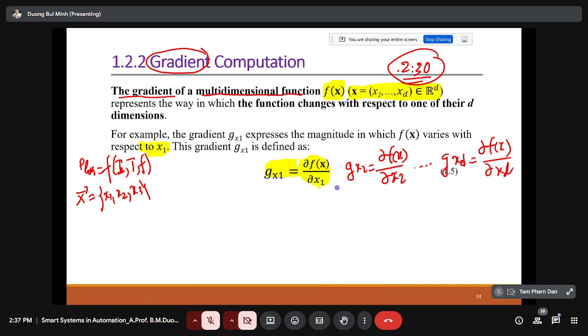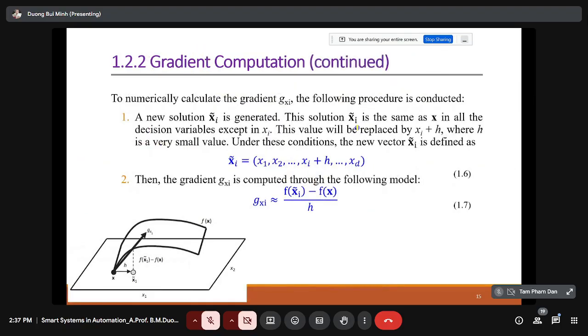So here we say partial derivative. It is a little bit complicated because we have multiple dimensions.